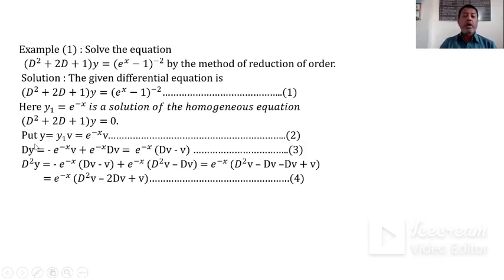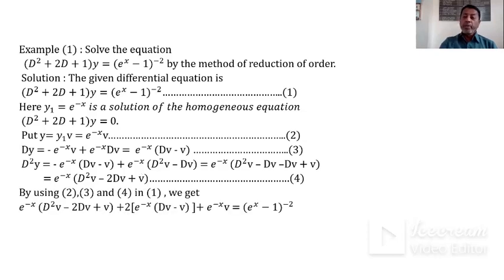From this find y' and y''. After obtaining the values of y' and y'', then from equation 2, equation 3 and equation 4, we substitute these values in this equation. After substituting these values, we change the dependent variable y to the dependent variable v.